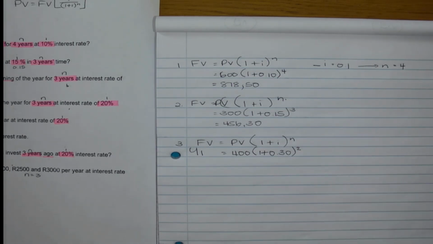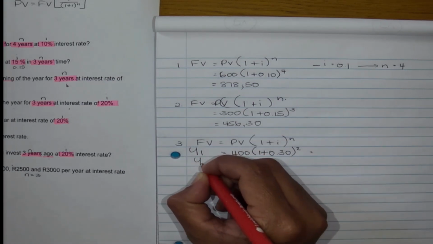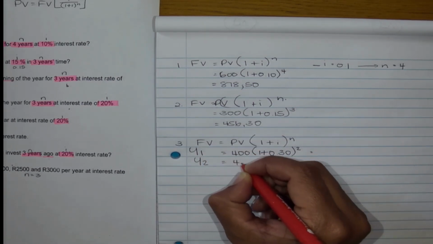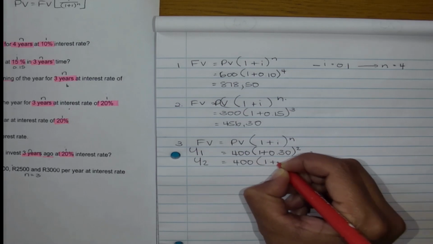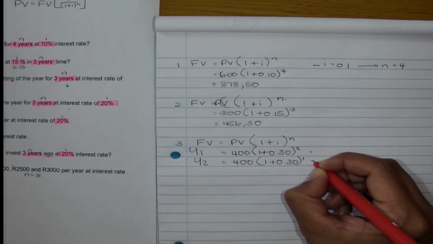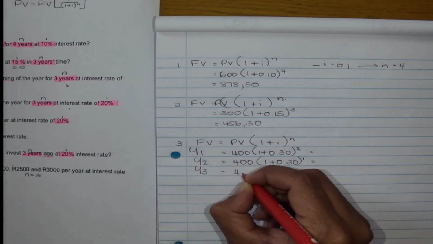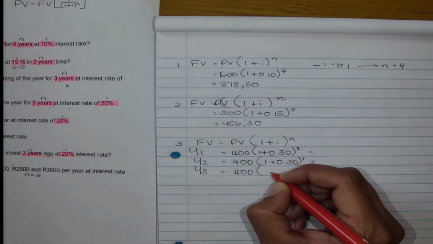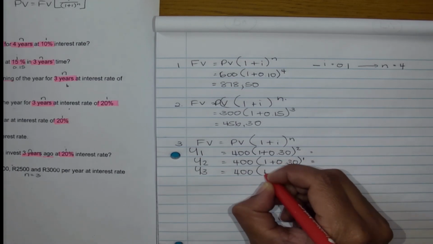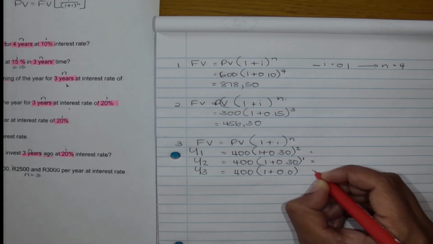Only for 2 years, right? And then you have your answer. Then we're going to say year 2, we do exactly the same story, 0.3. How long are we still going to get interest? Only for 1 year. And then you do year 3, same story, 400. How long are we going to get interest? We're going to get no interest, right? So it's actually plus 0.